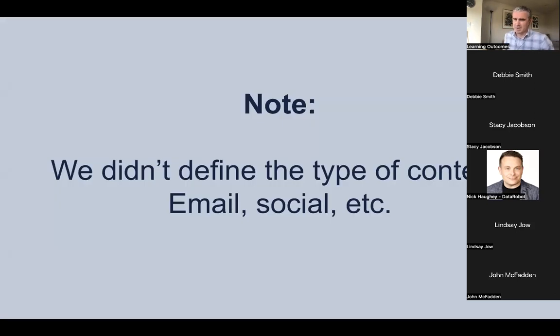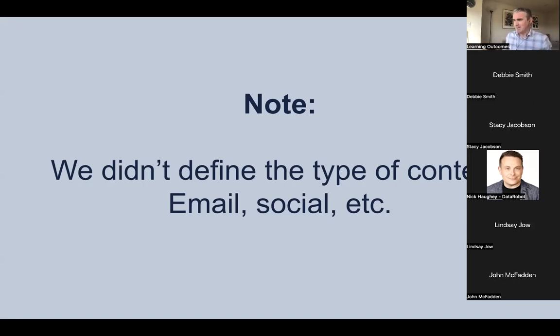Now, I also want to make a note here before we depart this conversation. I really strongly recommend not defining what type of content in the early stages. So don't go and say, I want an email campaign, or I want a social campaign. Try not to do that.